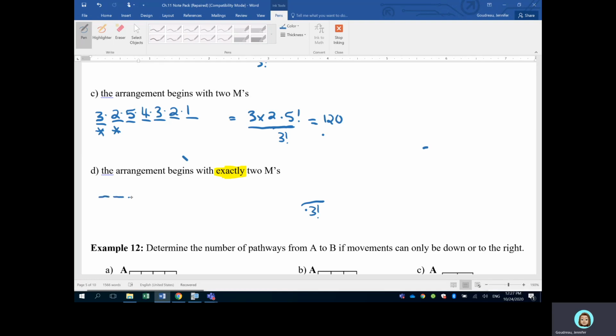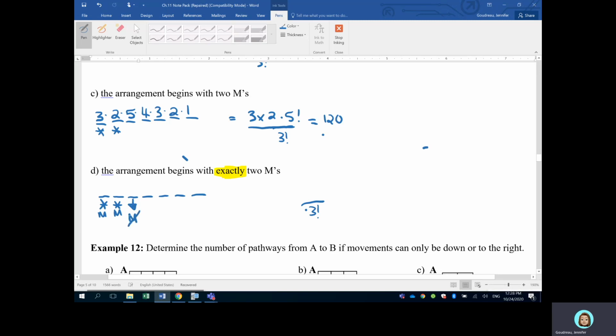So I'm going to draw the 7 blanks. Now, we know it begins with the 2 M's, so we know we have a restriction on those 2. This has to be an M, this has to be an M. But because we have that word exactly, we also have a restriction on the third blank.